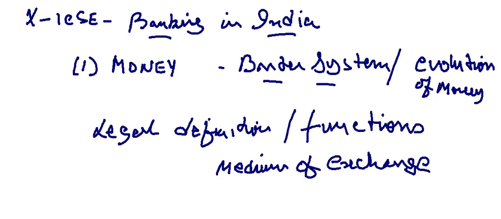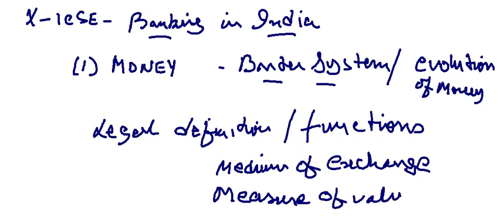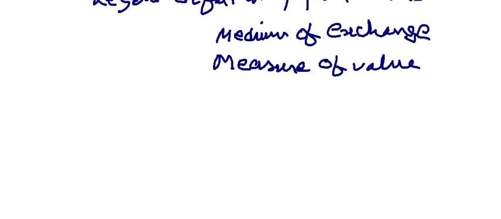Then measure of value, that it measures value. After this we also have another point, and that is standard of deferred payment. Like you exchange value, and it is also a standard of deferred payment.